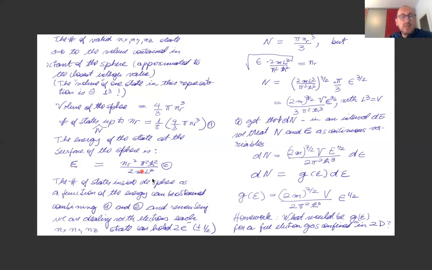And well, there's one correction here. This value here, if you actually do the math, is 1/6 pi nr squared. But here I only have 1/3. Why is that? Because for each nx, ny, and nz, I can put 2 electrons. Okay, because, you know, spin plus a half and spin minus a half, and that will be the way of filling this thing without violating the exclusion principle.